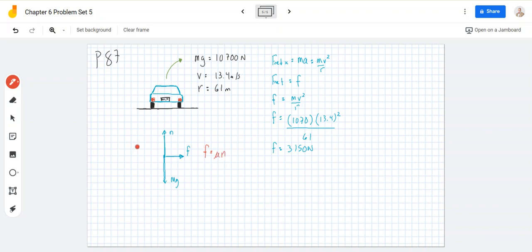But in this case, because the F net in the y direction is equal to 0, the normal force is equal to the weight. So in this case only, this is mu mg. So I'm going to set this equal to 3150. Okay.